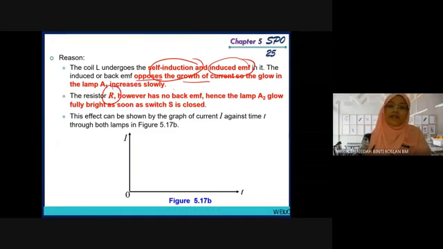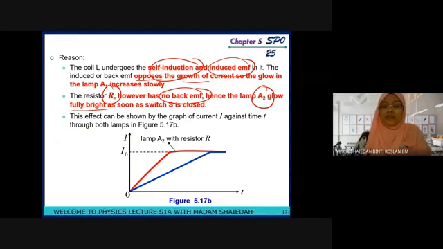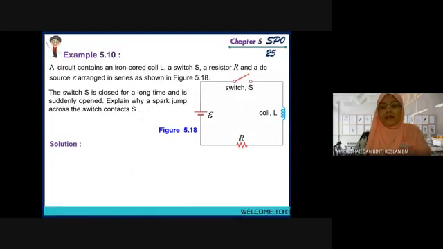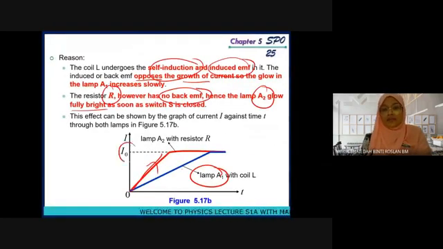However, for R, there is no back EMF, so that's why A2 goes to full brightness. This is an example for lamp A2 if we do the experiment and then measure its I. For lamp A2, the current rises directly. But for lamp A1 it is slow. Let me replay it. So lamp A1 will rise to the maximum but very slowly.